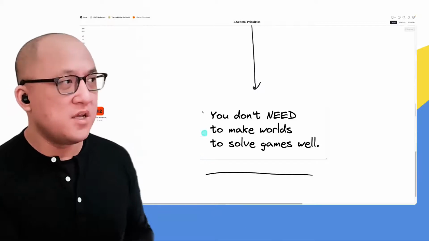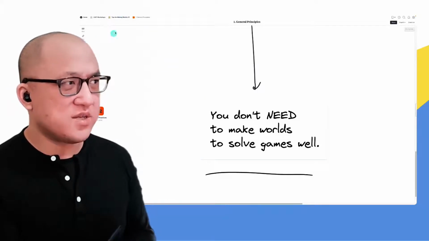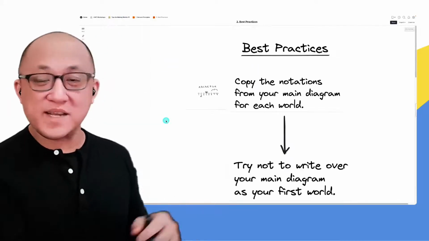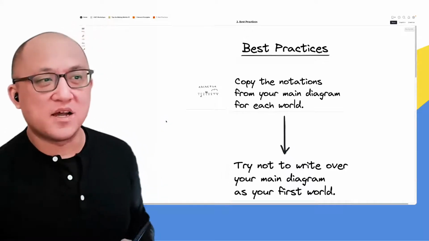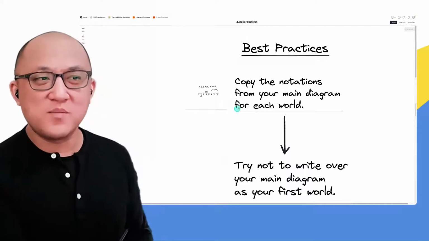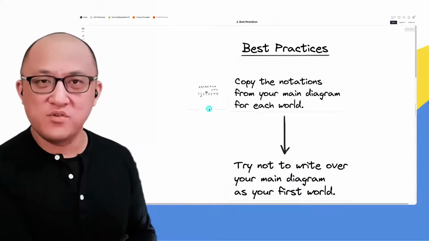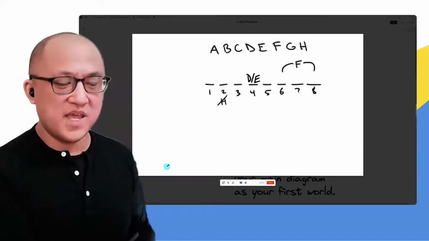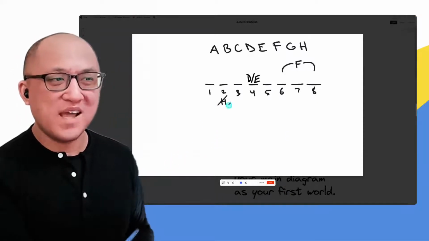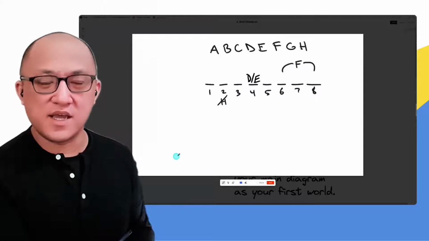All right. So let's take a look at some best practices for drawing the worlds, and then we'll get into some games. First of all, try to copy the notations from your main diagram for each world. And so what I mean by that is, let's say this was our main diagram, and we have drawn some rules directly in the diagram.